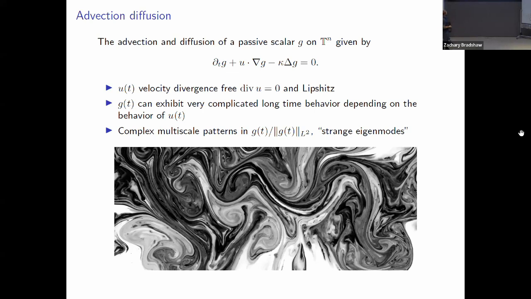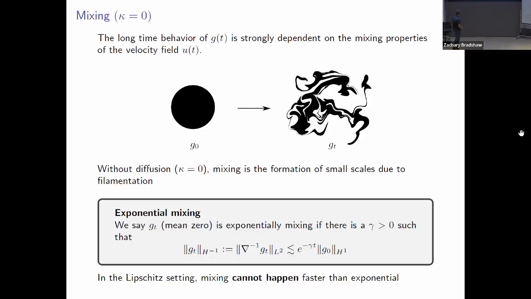You get this evolving steady state, which was dubbed by Pierre Humbert as a strange eigenmode. If I have time, I'll maybe talk a little bit about this, but I don't really have any positive results in this direction.